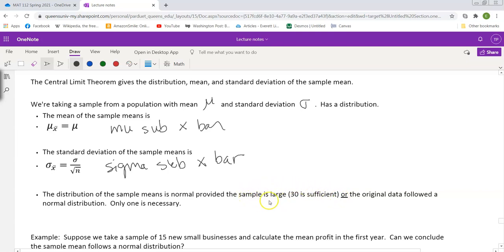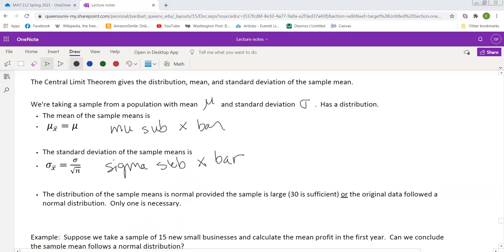Anytime you know that the sample is large, then yes, you can say that the sample mean follows a normal distribution. Or anytime you're told that the original distribution was normal, you can say that the sample mean follows a normal distribution. As long as you have one of those, you're fine.